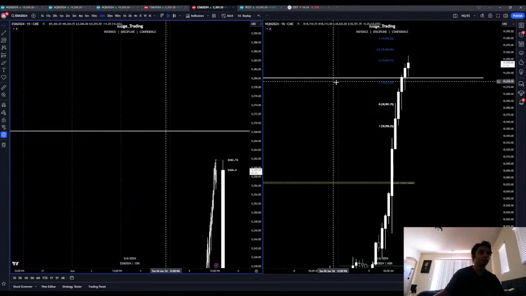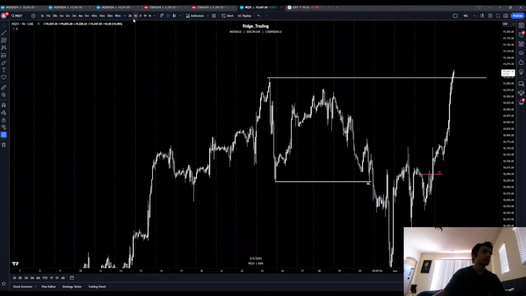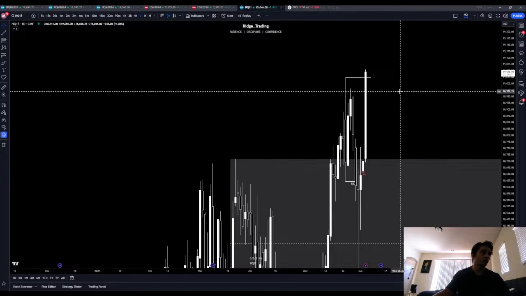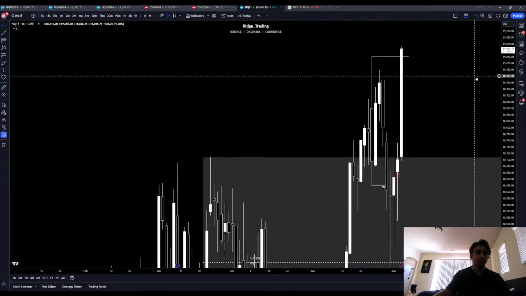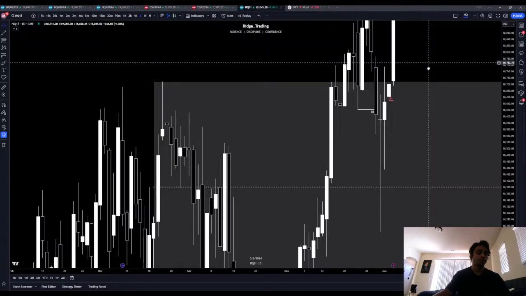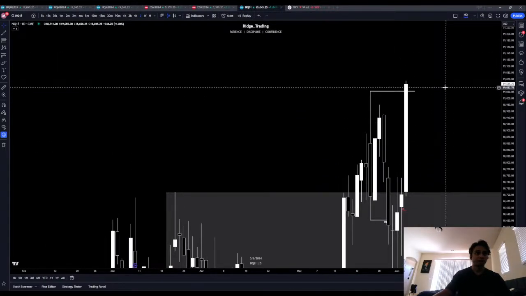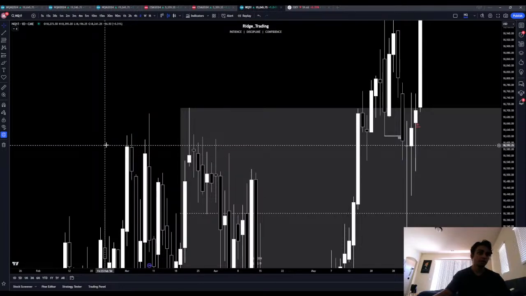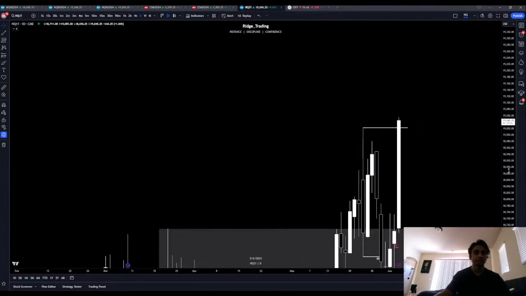Because we're up. What's the daily? Let's see, we're up 1.85%, over 300 points. And if you can see here, there's not much of a wick right now. I would expect there to be at least somewhat of a wick left behind, like 38 points minimum.